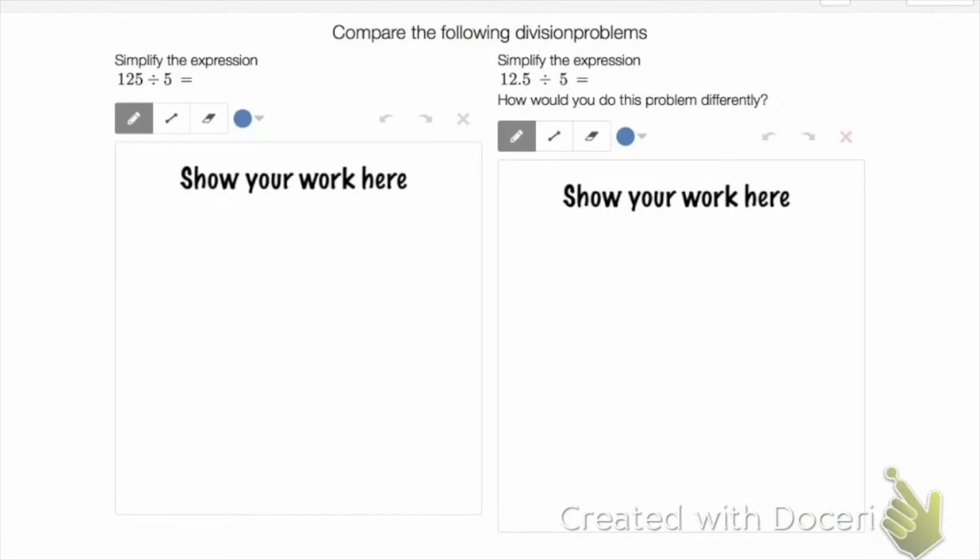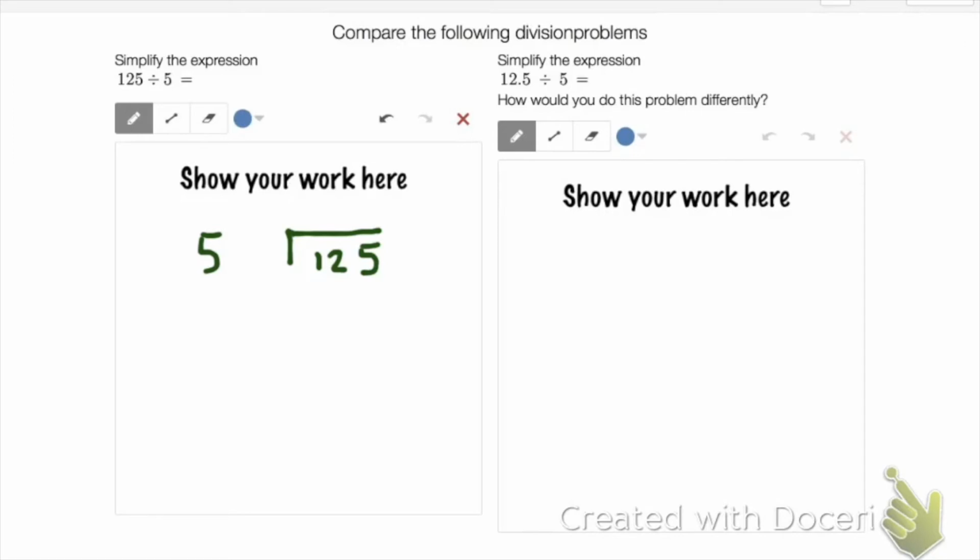Okay, so let's look at how we can divide 125 divided by 5. If we have 125 divided by 5, what number should we put under the bar? 125. And we will put 5 outside.